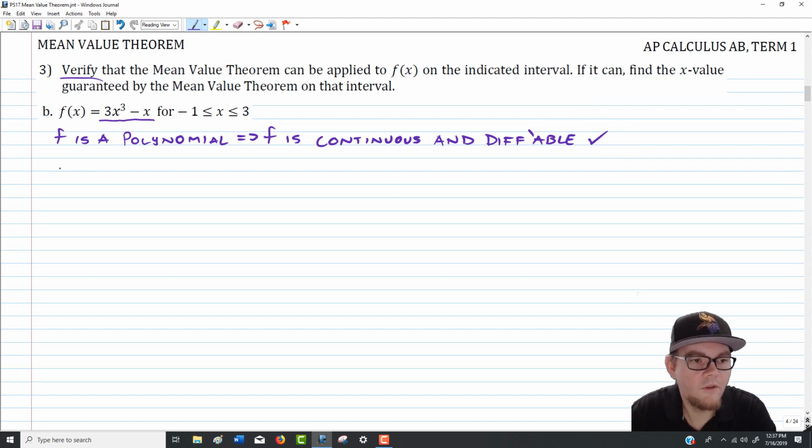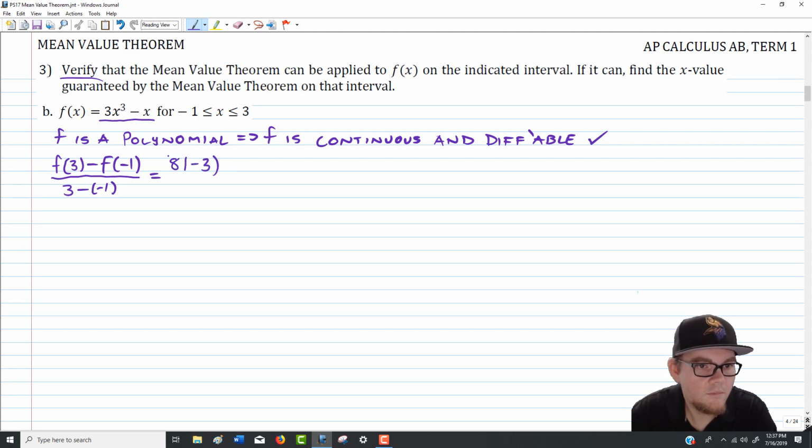Our next step is we're going to focus on the average rate of change. So next we want to figure out what is f of 3 minus f of -1, and I'm choosing those x values because those are the interval they provided us, all divided by 3 minus -1. If we plug in, we're going to get 3 times 27 is 81 minus 3. And then minus, if we plug in -1, we'll have -3 minus a -1.